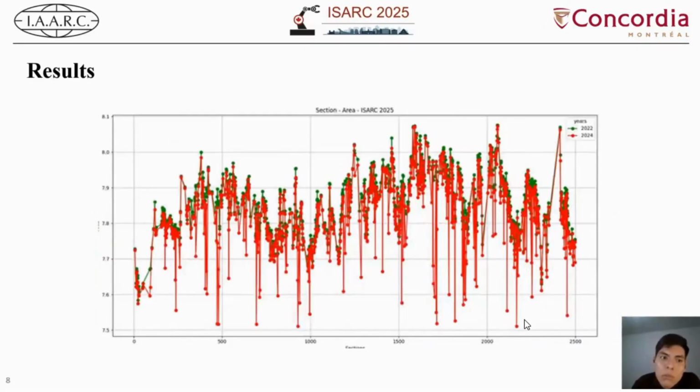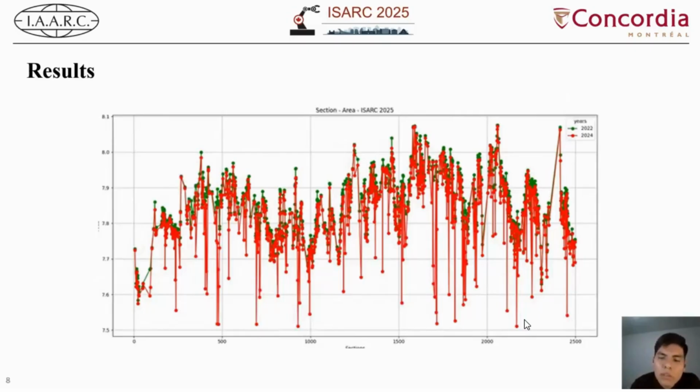The other part of the project is how you will see the area of each section along the length of the tunnel. You see the area of the cross section is reducing over the years. The information will probably tell you why this is happening, and you can analyze it using other kinds of technologies.